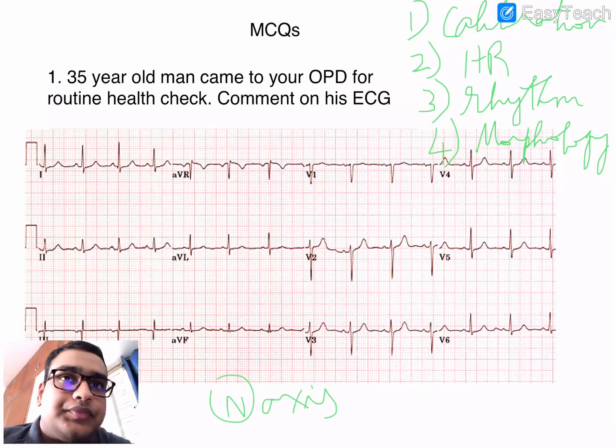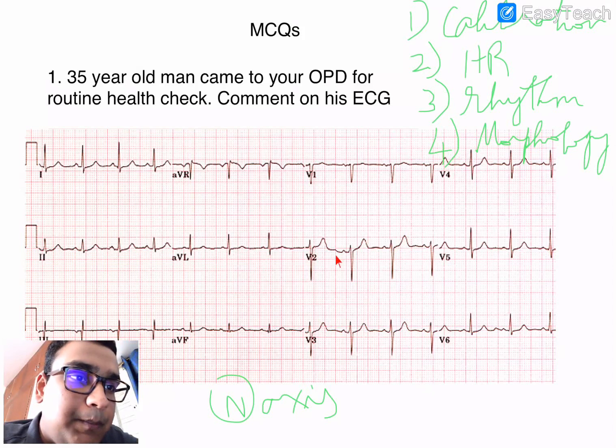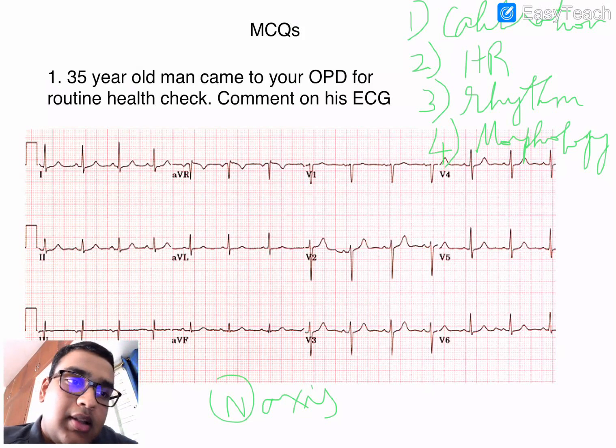Next, we'll come to each individual morphology. Let's look at the P wave first. The P wave is normal. There is no notching of the P wave, there is no P mitrale. The PR interval is normal, there is no prolongation. The QRS is normal again. There is no W pattern or M pattern, there is no bundle branch block, there is no ventricular hypertrophy.